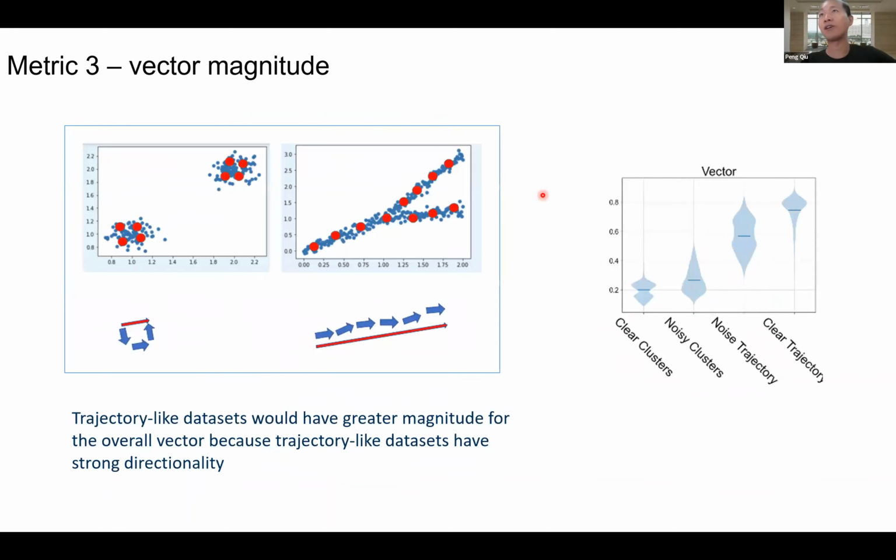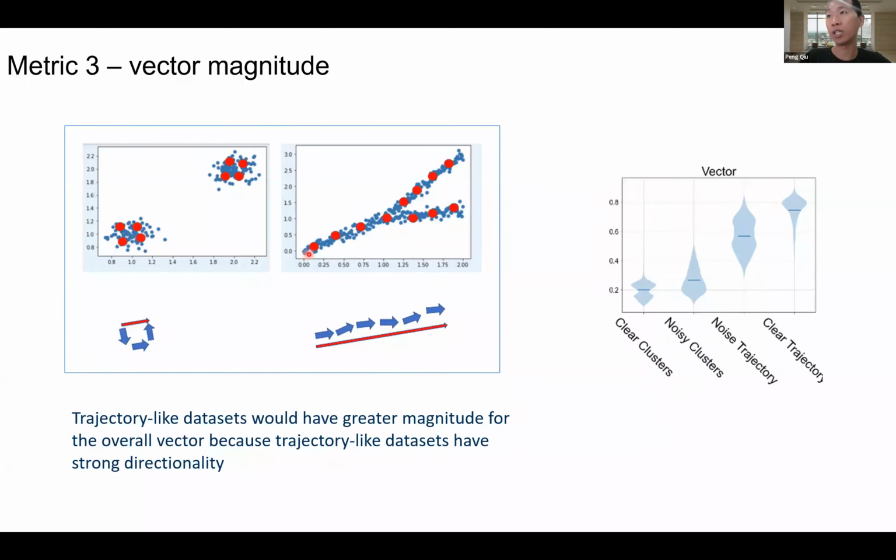We also have a metric we call magnitude, vector magnitude, and this is designed by over-clustering the data so that we have many clusters, and then we jump across these cluster centers. Now, if we're in a trajectory-like setting, then from one cluster, we keep jumping to other clusters until we cannot find a nearby cluster that's not visited before.